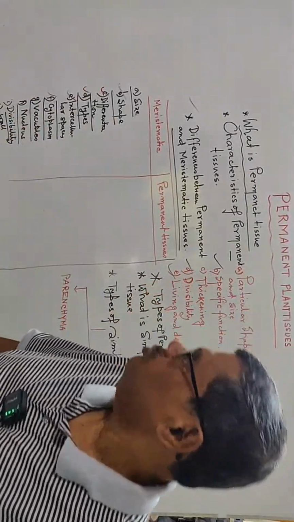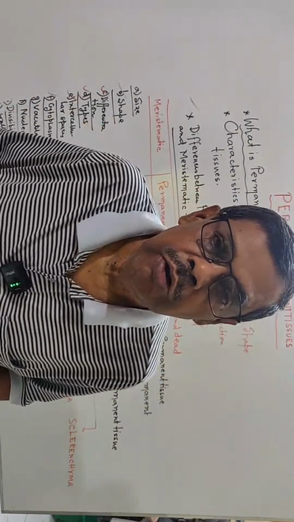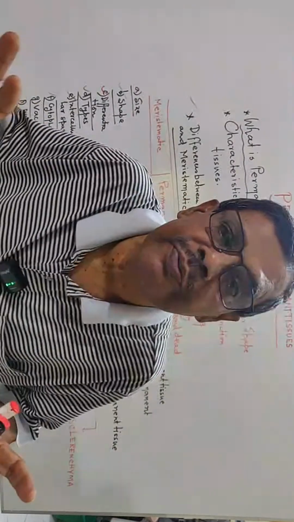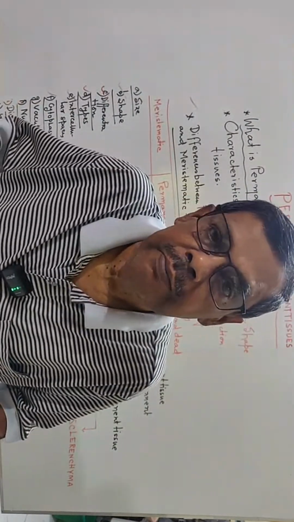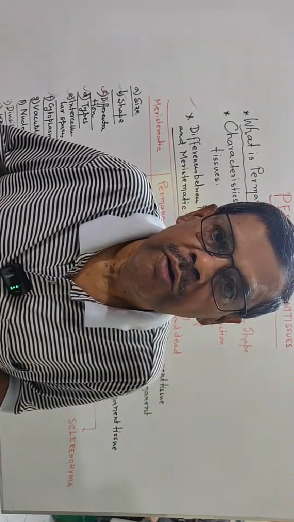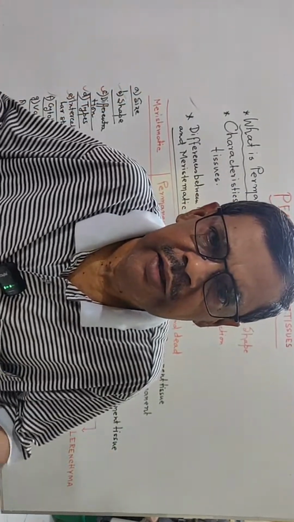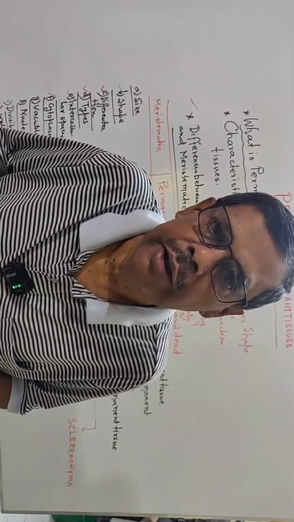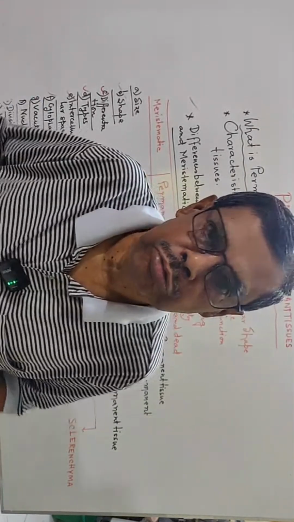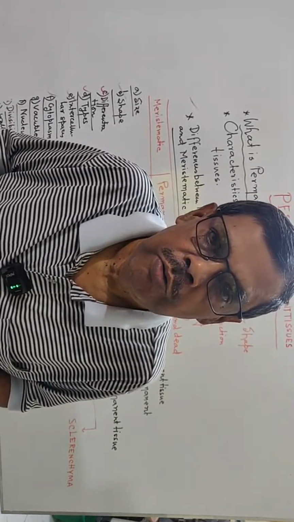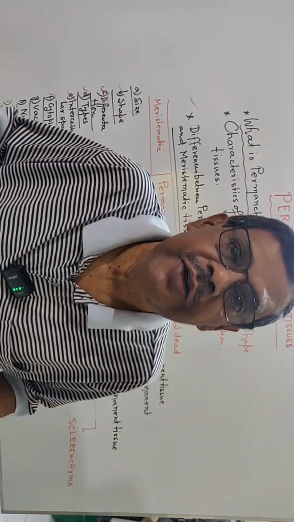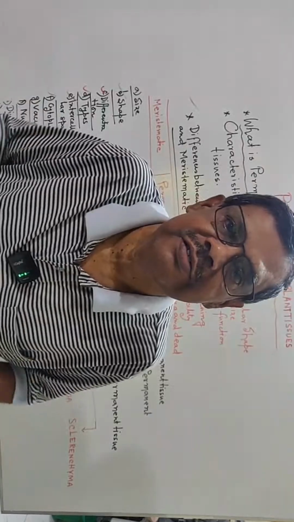Next, vacuoles. In meristematic tissue, vacuoles are absent, but permanent tissue has vacuoles. There are small vacuoles or big vacuoles. In case of large vacuoles, peripheral cytoplasm consists.